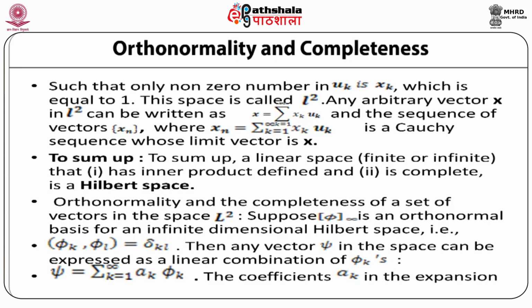That is, the scalar or the inner product of phi k and phi l is equal to delta kl, where delta kl is equal to 0 for k not equal to l and is equal to 1 for k equal to l. Then any vector psi in the space can be expressed as a linear combination of the phi k's as defined above.